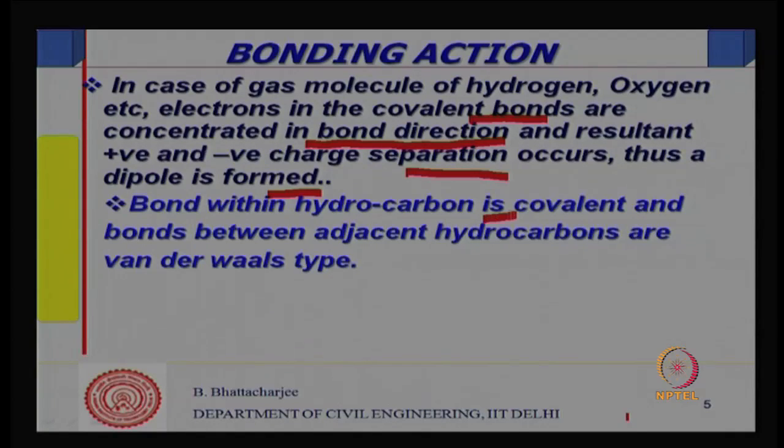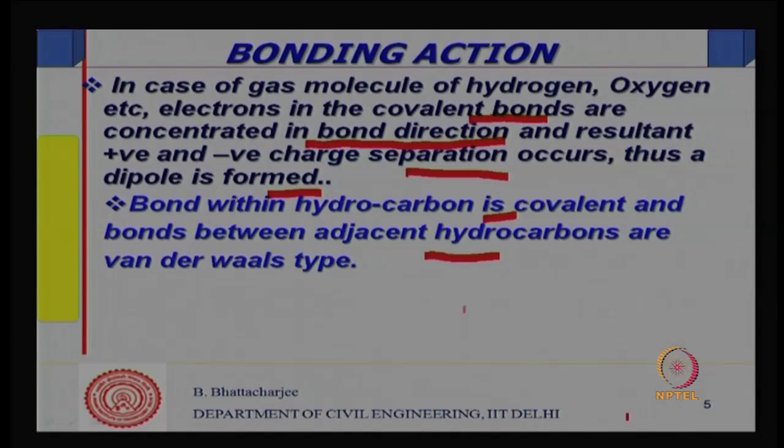Bonds within hydrocarbons are covalent, that is between say carbon to carbon in a hydrocarbon, these are covalent, right. But between adjacent hydrocarbons, the bonds are van der Waals type.